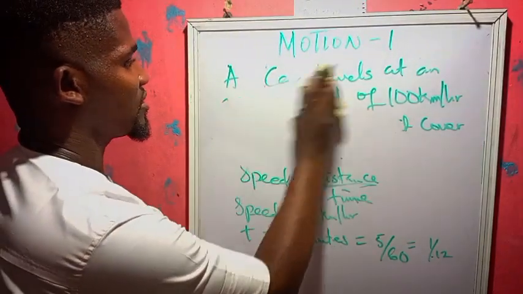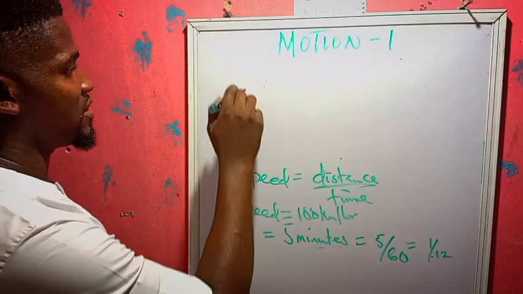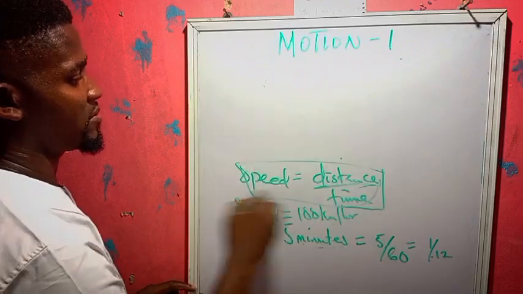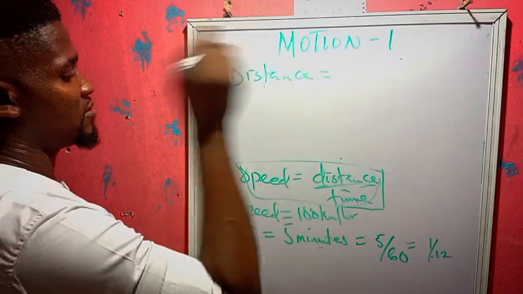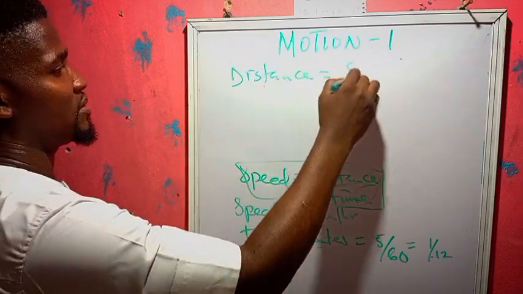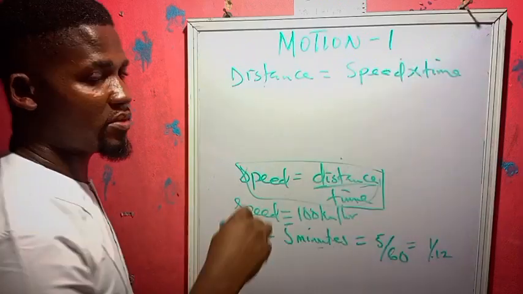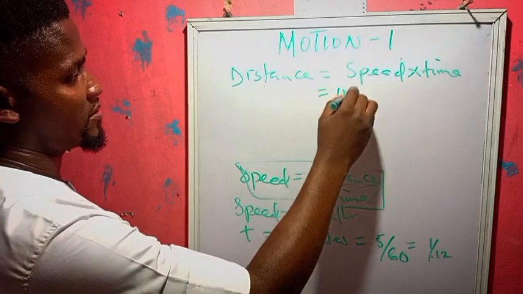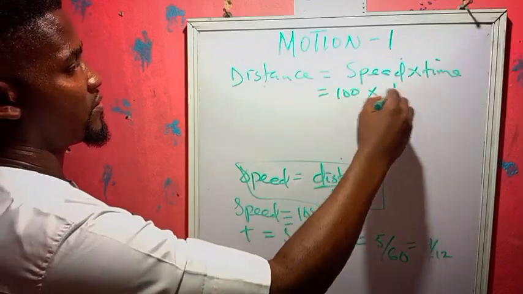Just so we can see what we are doing clearly, I'll rub this off. If speed is equal to distance over time, it means distance is equal to speed times time. Speed times time. Our speed was given as 100 kilometers per hour times 1 over 12.